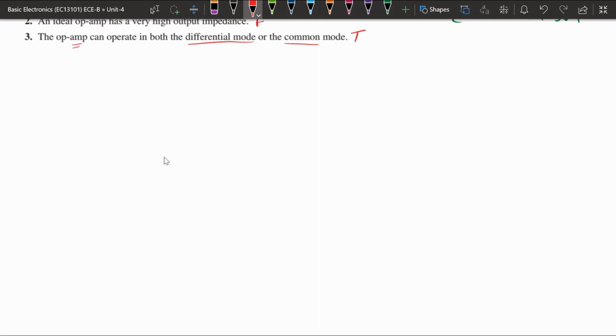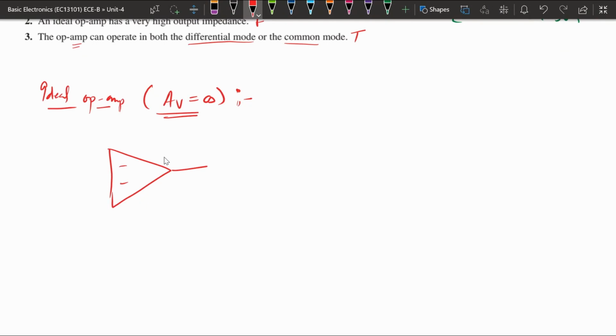For that we will be taking the case of an ideal op-amp. If it is an ideal op-amp, we have seen the gain should be infinity. Let us see how we can relate the input and output. This is negative and this is positive.